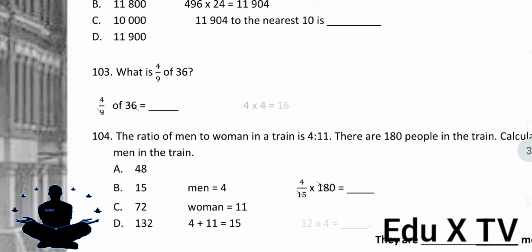We move to number 103. What is 4 over 9 of 36? This is how we do it.